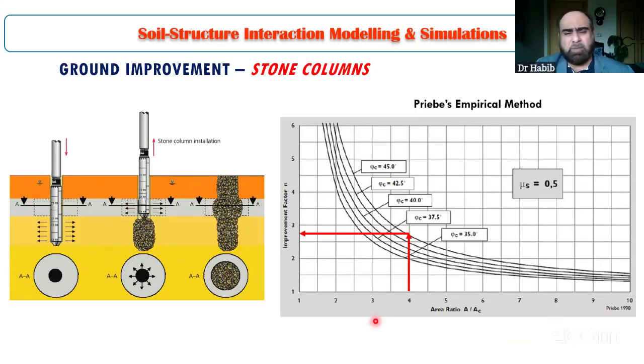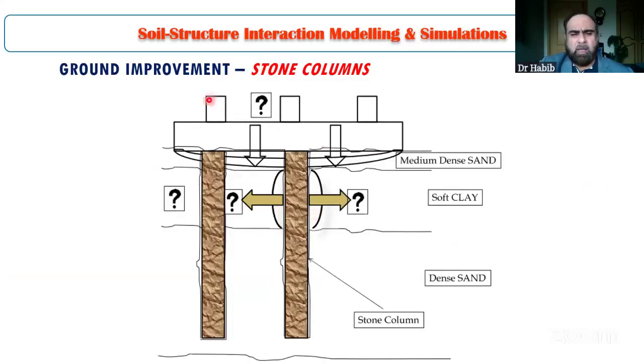But the problem is that the Priebe method does not answer many questions. One question, as I mentioned over here, that we can see there's a large diameter over here. So I have made a sketch to put forward all these questions which Priebe cannot answer.